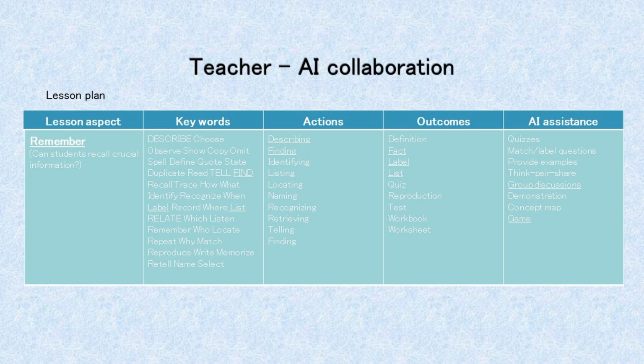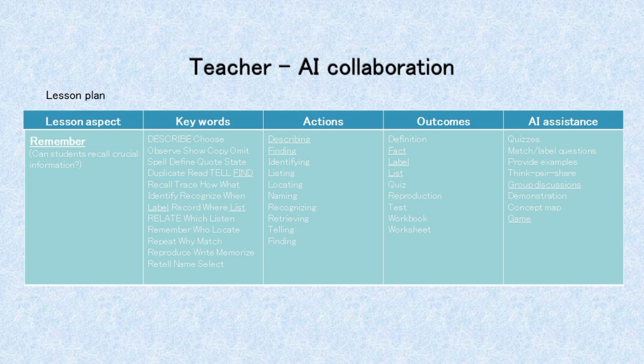Actions column suggests activities or tasks that align with the lesson aspect. Outcomes column describes the expected learning outcomes. AI assistance column indicates how AI can support the lesson and activities.